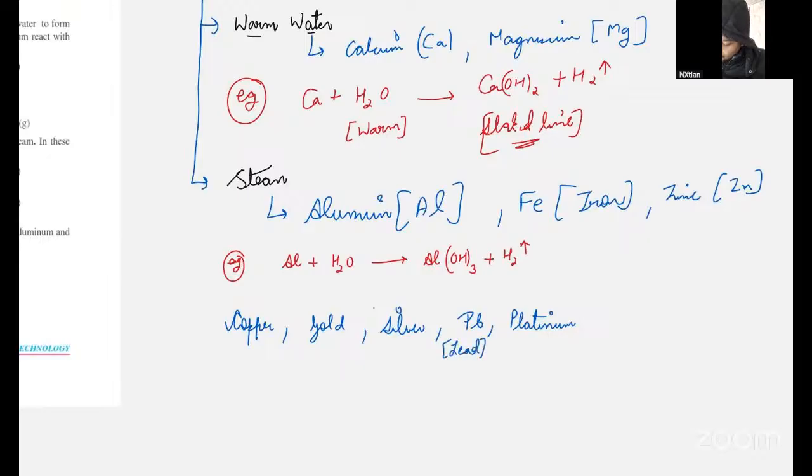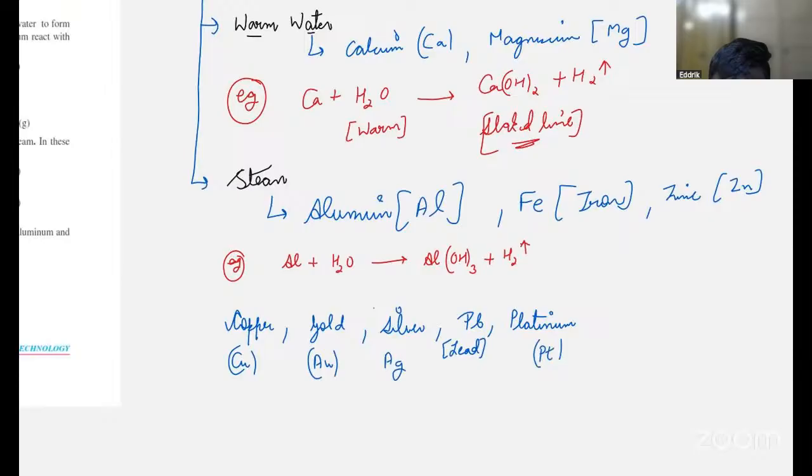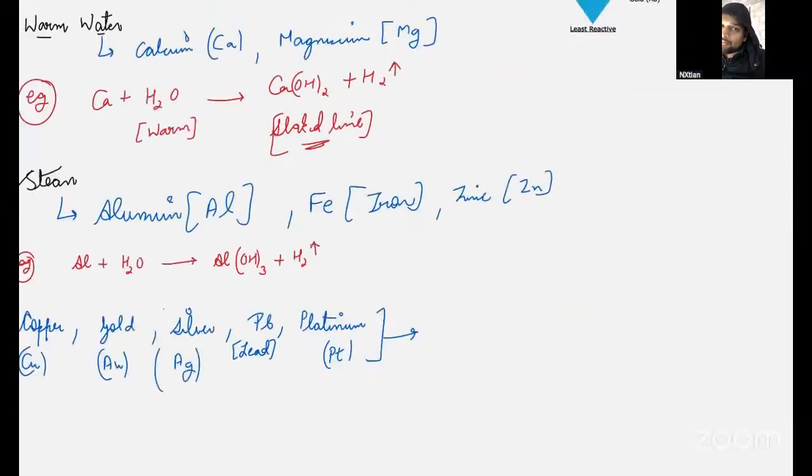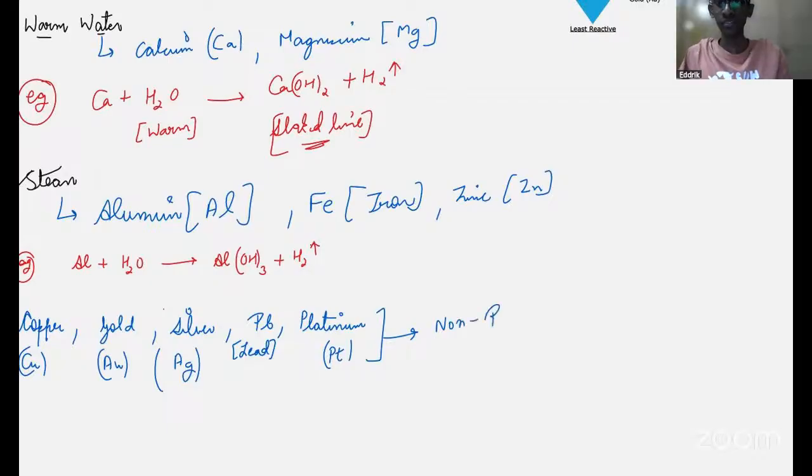Copper is written as Cu, gold is written as Au, silver is written as Ag, and platinum is written as Pt. So these are all non-reactive with water, any type of water: steam, cold, or hot. These are called non-reactive.